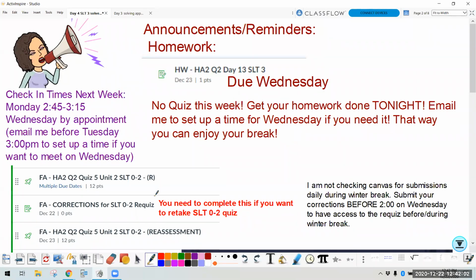So if you want to take the requiz for SLT 0 to 2, the solving and the forms of the equation requiz, get your corrections done by tomorrow afternoon, so that way I can give you the feedback and the passcode for you to take your requiz before winter break.